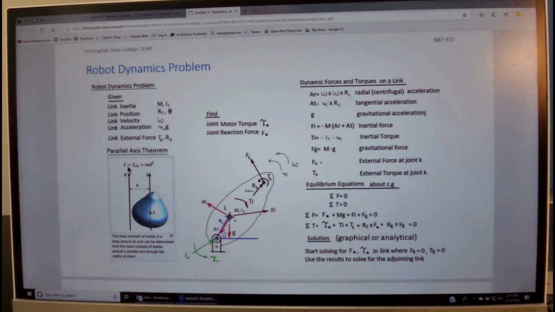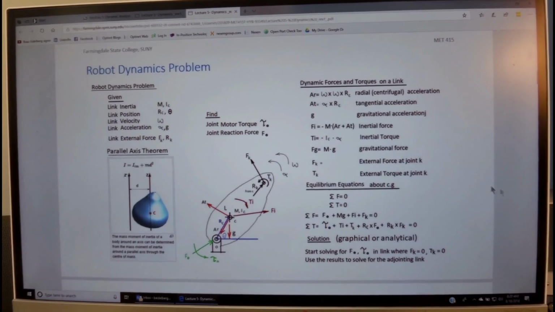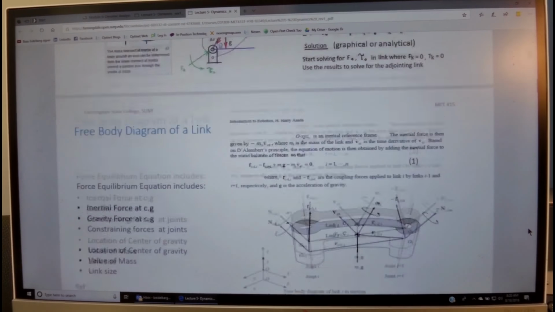It says that the moment of inertia about any axis which is parallel to the axis of symmetry, or axis of the body fixed coordinate system, is equal to the moment of inertia about this axis plus the mass of the rigid body times the distance between these two axes squared. So this is the parallel axis theorem.